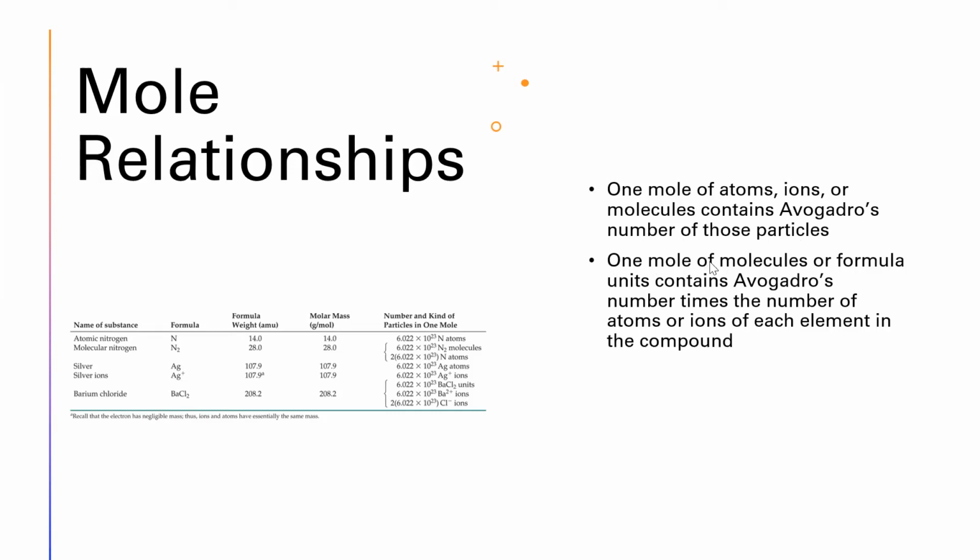And 1 mole of molecules or formula units contains Avogadro's number times the number of the atoms or ions of each element in the compound. This is, for example, molecular nitrogen. It has the N2 formula with formula weight 28 and molar mass 28 gram per mole.